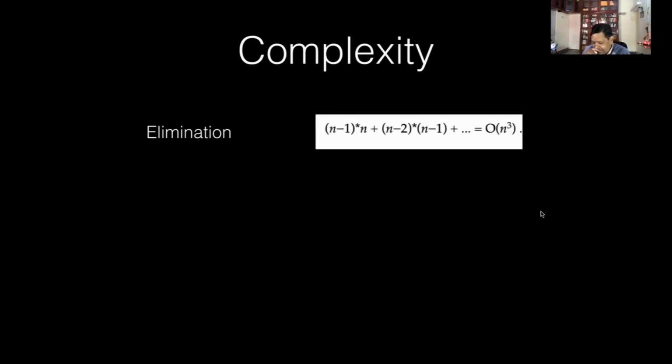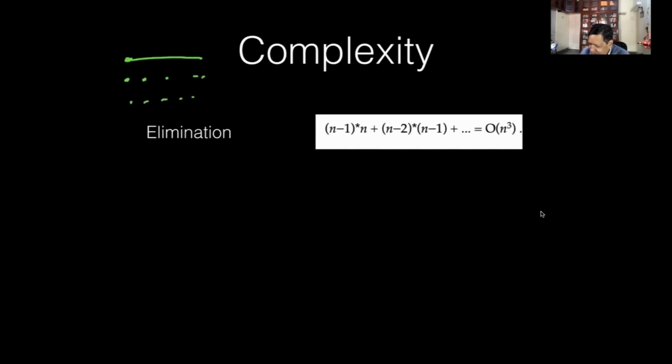How many multiplications are required? Focus on multiplication, which is the most complex operation. Multiplication takes something like 4 or 5 times more than addition. If you recall, we had the first row, and then we had these rows.